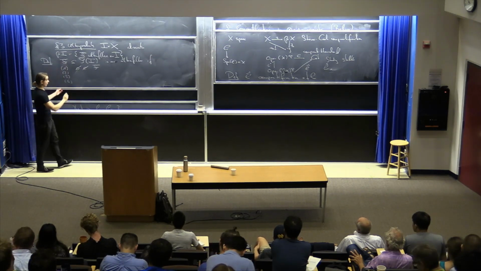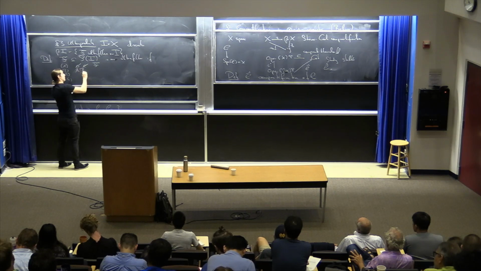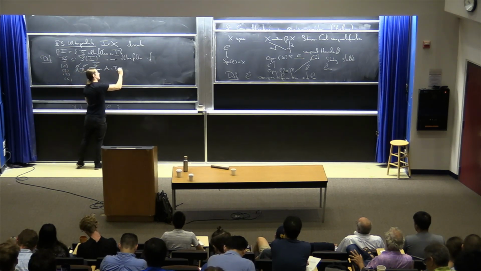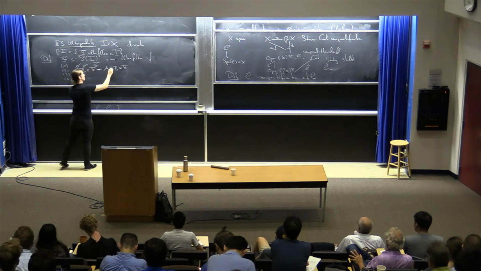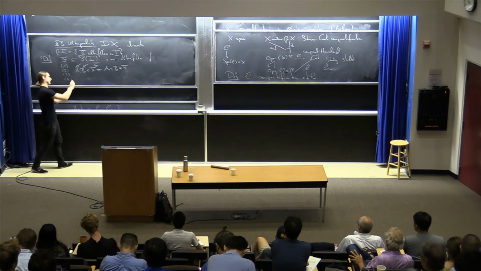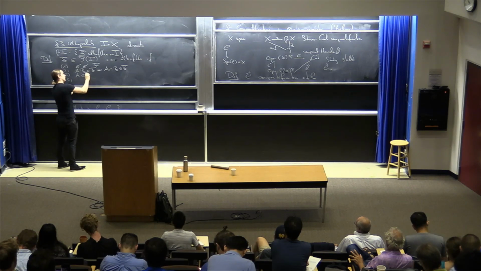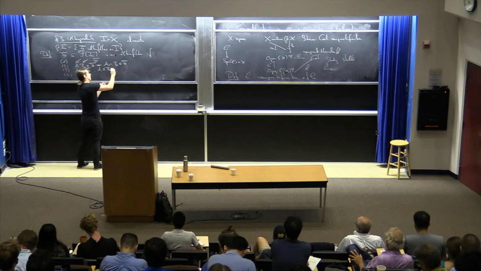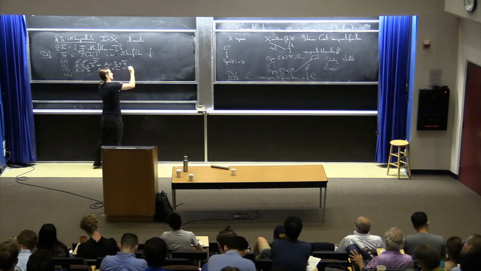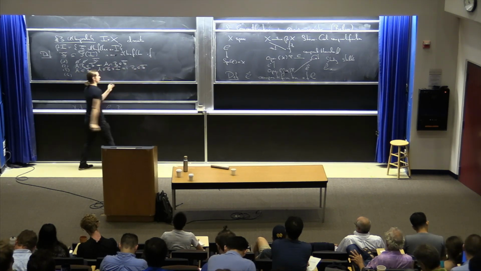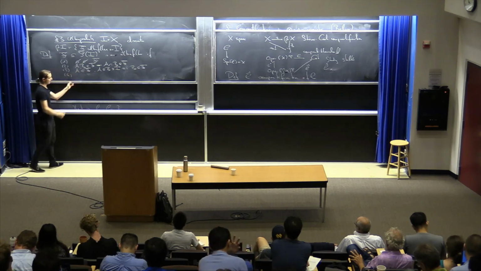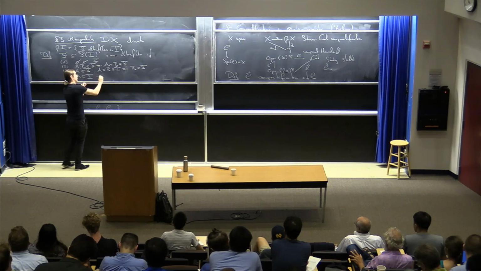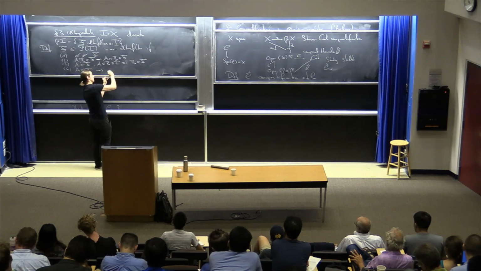The second one says it's closed under finite intersections. The third one says it's closed under supersets, so if A is in F, and A is contained in B, then B is also in F. And lastly, there's a maximality condition that says that any subset of I is either in F or its complement is.